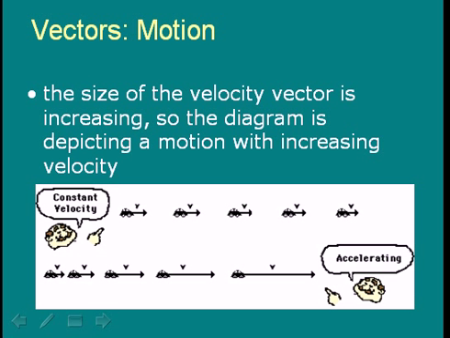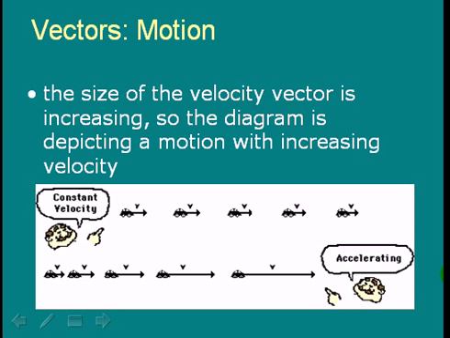That tells you how much velocity there is, in this case, the V standing for velocity. So the ones on the top are all constant velocity, so all their arrows are the same length. The ones on the bottom, the arrows are getting bigger and bigger as the car moves to the right-hand side, and as this gentleman is saying here, they are accelerating.